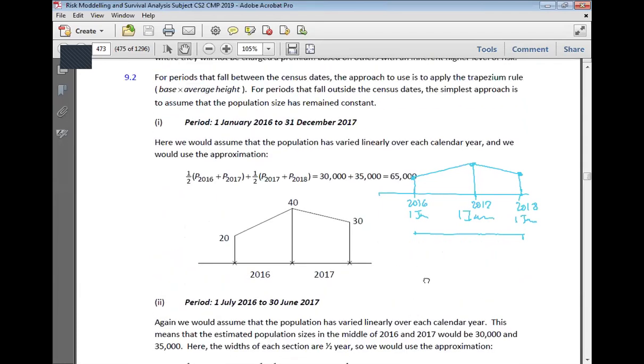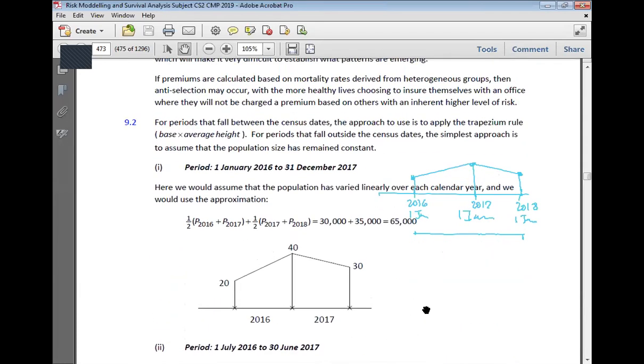All right. So the next time period that we have is from 1 July 2016 to 30 June 2017. Okay. So my 1st July 2016 will, let's say, lie somewhere here, right? 1st July, and then I have 30 June 2017. So it was again gonna lie somewhere here.